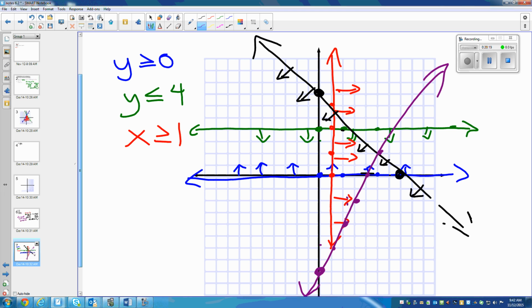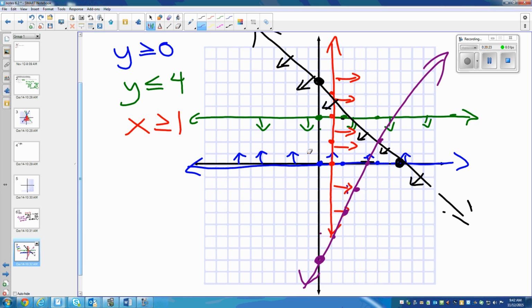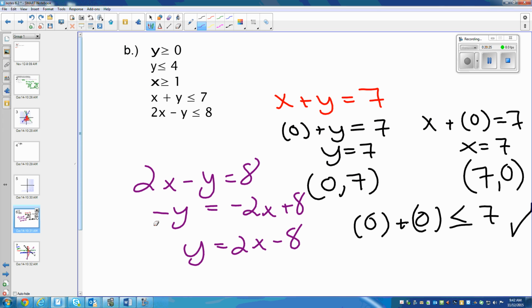How do we decide which side we're shading? Put in 0, 0. So go back to the original question: 2 times 0 minus 0 is less than or equal to 8. 2 times 0 is 0, minus 0 is still 0. Is 0 less than or equal to 8? Yeah.